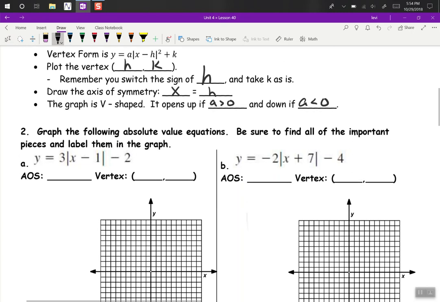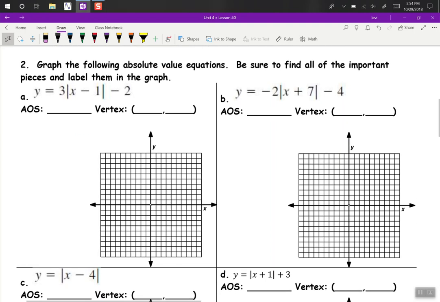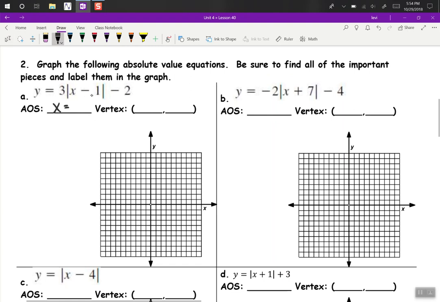So graphing the following equations, our axis of symmetry is X equals, and then the opposite of whatever's inside of here, so X equals 1. Our vertex is the point 1, and then take K as is, so negative 2. So our vertex is at the point 1, negative 2, right there.